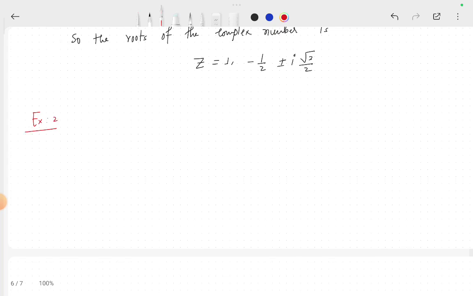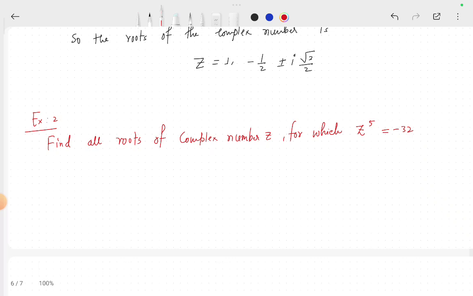Find all roots of the complex number z for which z to the power 5 equals minus 32.